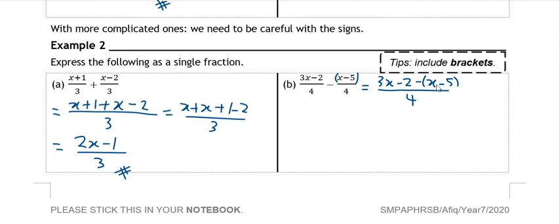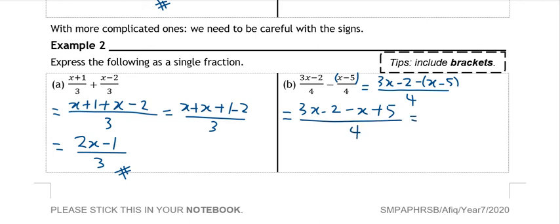You recall from your previous topic on expansion, negative 1 times x is negative x, and negative 1 times negative 5 will give you positive 5. So you can see there's a change in the sign for the second fraction.